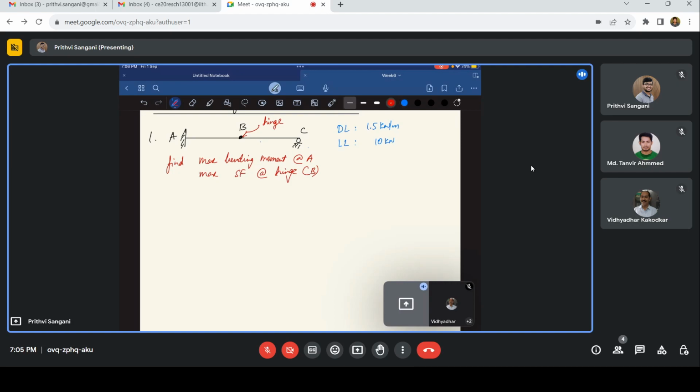The live load is moving, from left to right or right to left, whatever it is.